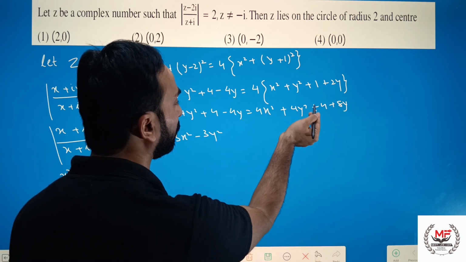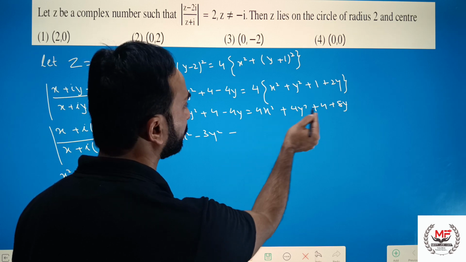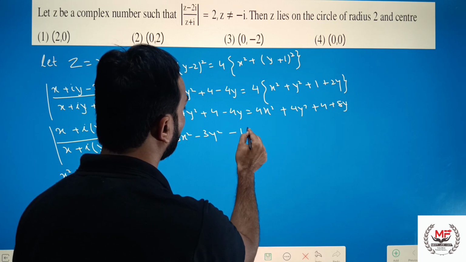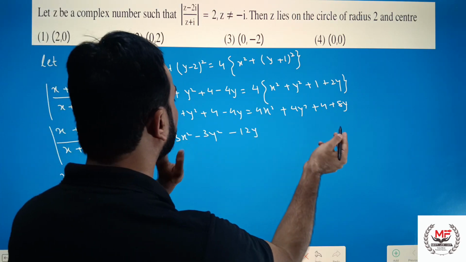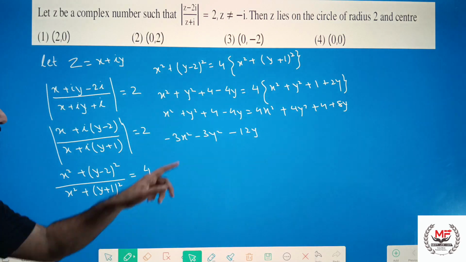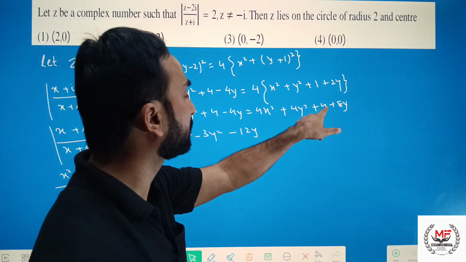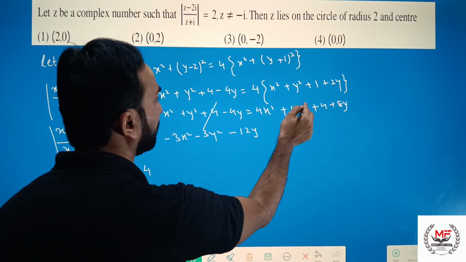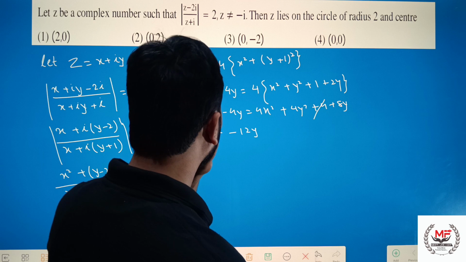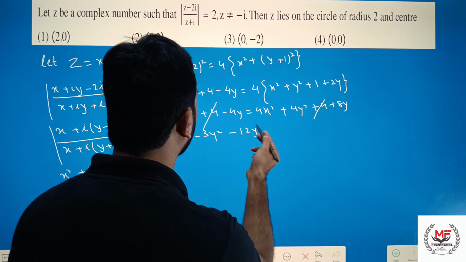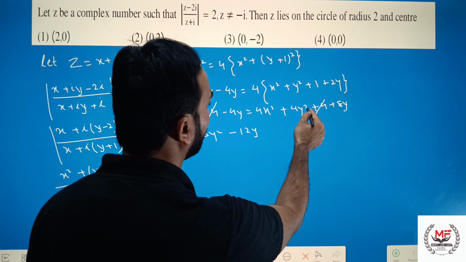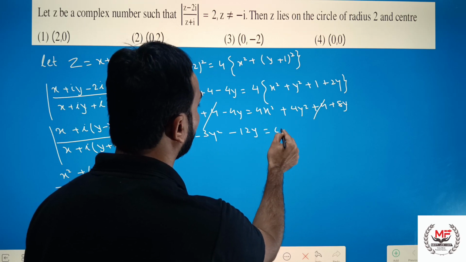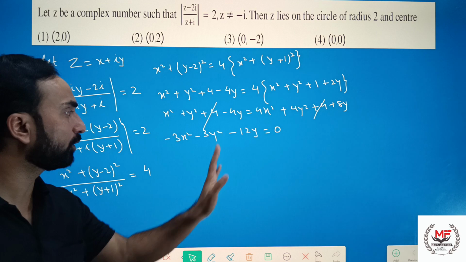So this will shift to the left hand side, and it will become minus 4y and minus 8y. This will become minus 12y. Also we have no term of x on both the left hand side and right hand side. Plus 4 and this plus 4 will get cancelled, right? And no more terms are here: x square, y square, 4y, each and every term we have calculated. So on the right hand side we will get 0 only.